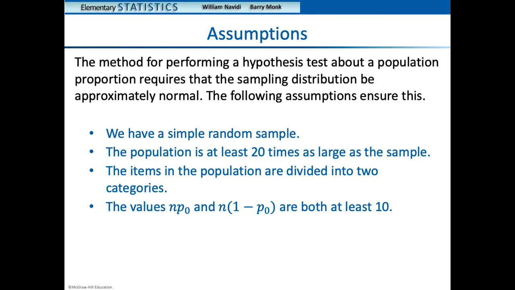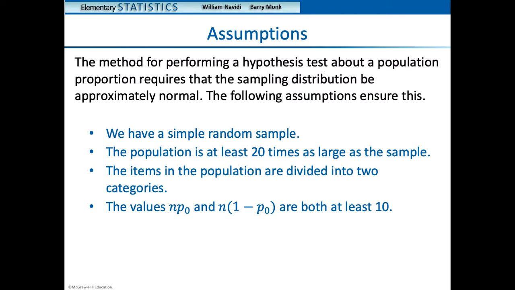Assumptions: these are really the same assumptions that we covered in the section regarding the confidence interval for the proportion. It requires that the sampling distribution be approximately normal, and these assumptions will ensure this. The sample has to be a simple random sample.